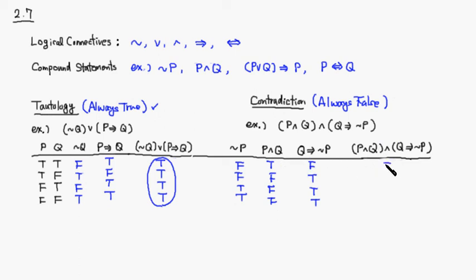True, false, so it's false. False, true, false. False, true, false. False, true is false. So you can see that in all four cases, it came out to be false. Therefore, this is a contradiction. All right, that's it. I hope that this was clear.